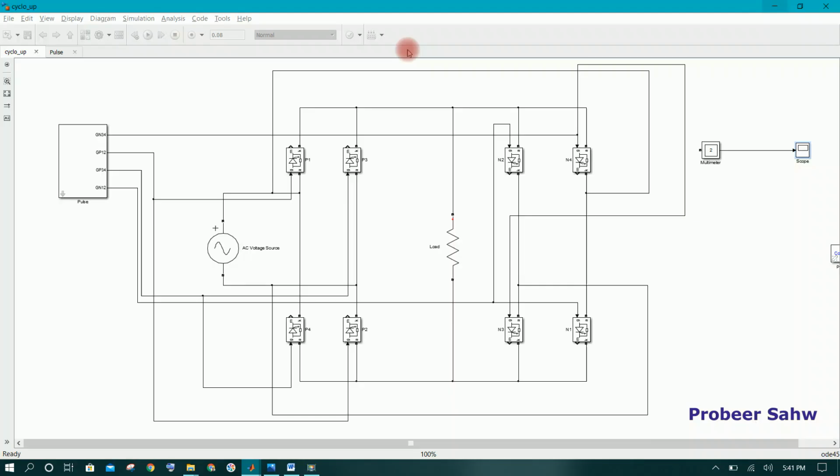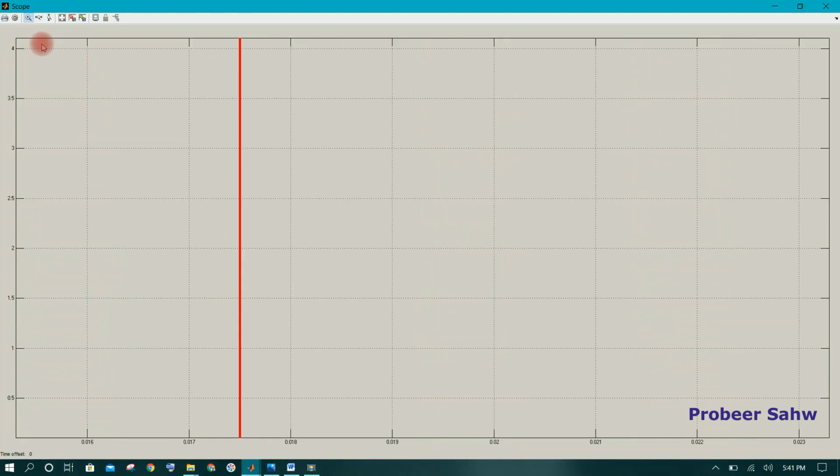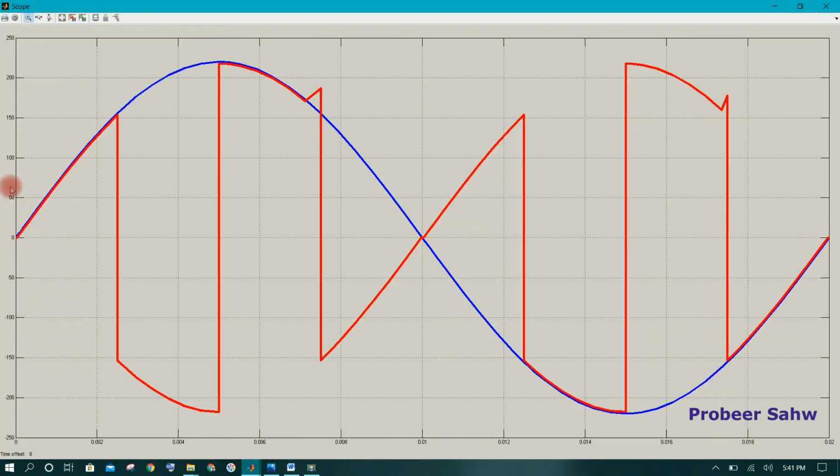For proper visualization, let us run this for 1 cycle of input only. Let us rerun this simulation. Check the output in the scope. Okay, so this is 1 cycle, 2 cycle, 3 cycle and 4 cycle. So our output has been obtained.